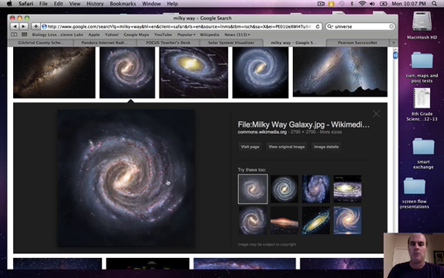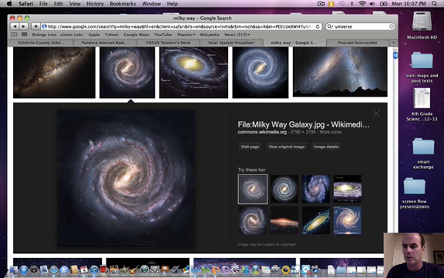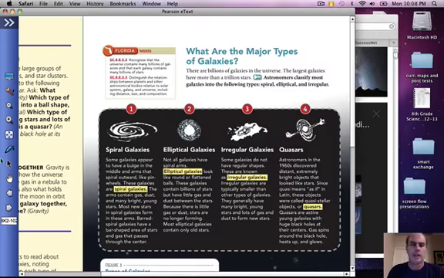Okay, so if I go back to some of our book pages, I wanted to show you something else about galaxies that's important that you need to remember, and you can make a few notes about this. There's 4 types of galaxies, and we just looked at a spiral galaxy. Okay, a spiral galaxy has those pinwheel arms, and that's what the Milky Way is, and we live inside of a spiral galaxy.